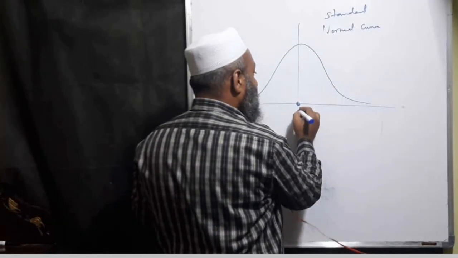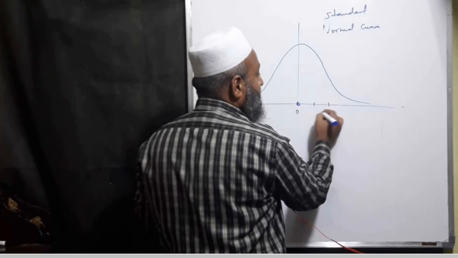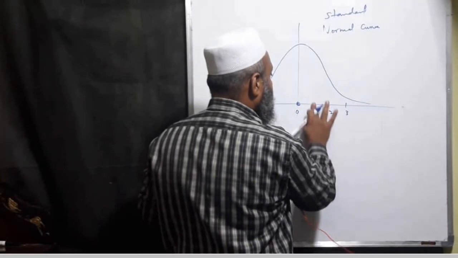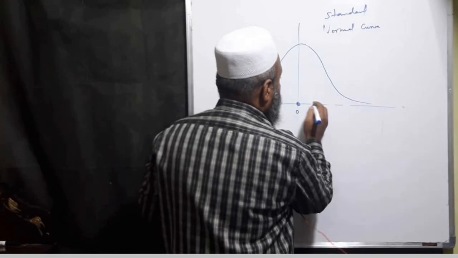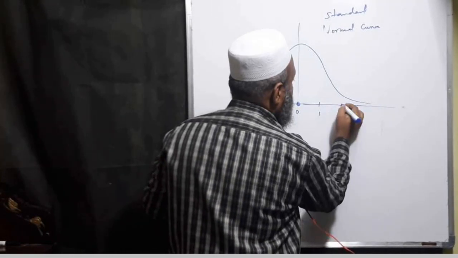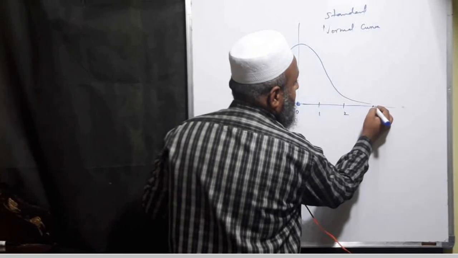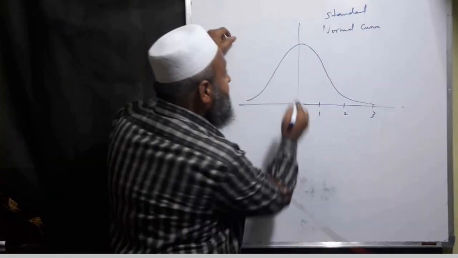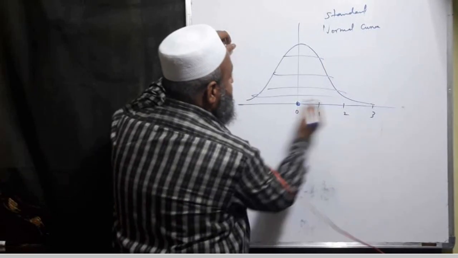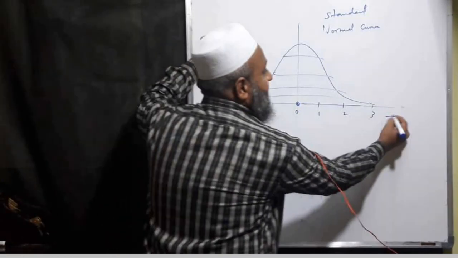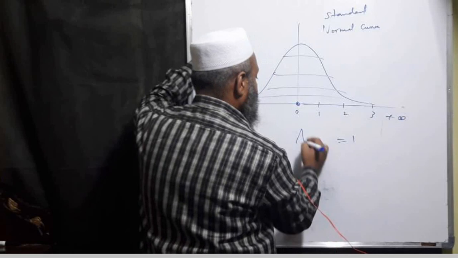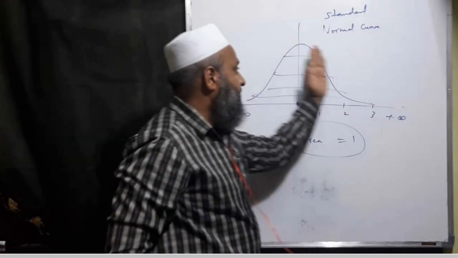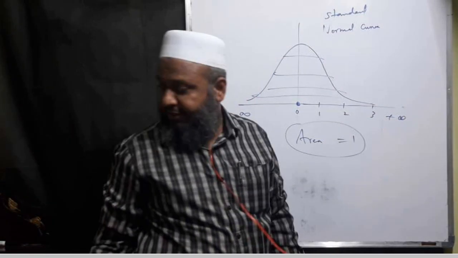This point is 0, then 1, 2, 3 like this. The area in this shaded region from minus infinity to plus infinity will be equal to 1 unit. The complete area is 1 unit, so the area on the right hand side is only half a unit.